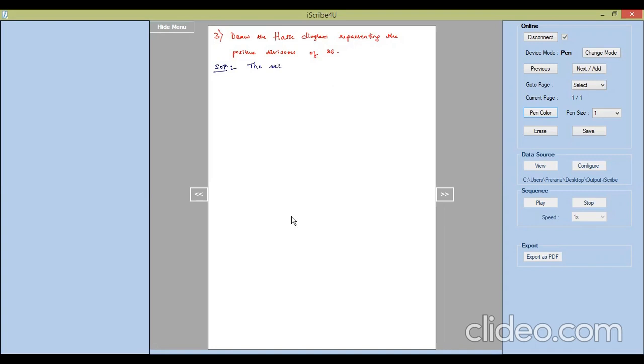The set of all positive divisors of 36 are D36, which is nothing but the set A here, which is given by 1, 2, 3, 4.